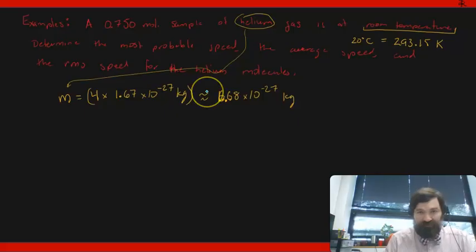We don't really care how many moles of the sample there are. We just care that there's a large enough number that the Maxwellian distribution can apply. So 0.1 mole, 0.01 mole, 0.001 mole, those are all still a large number of molecules.